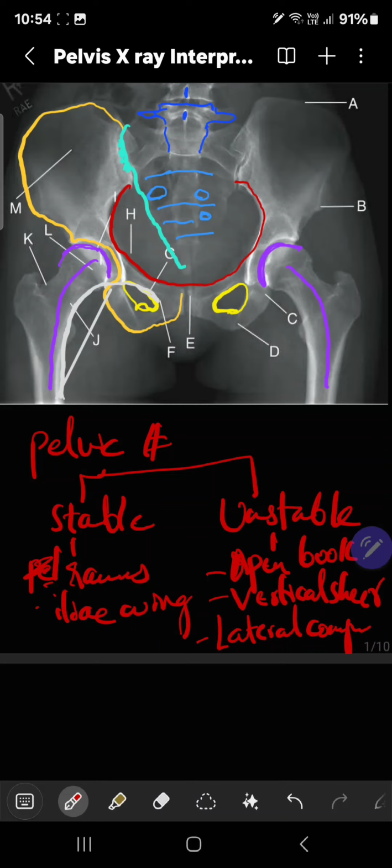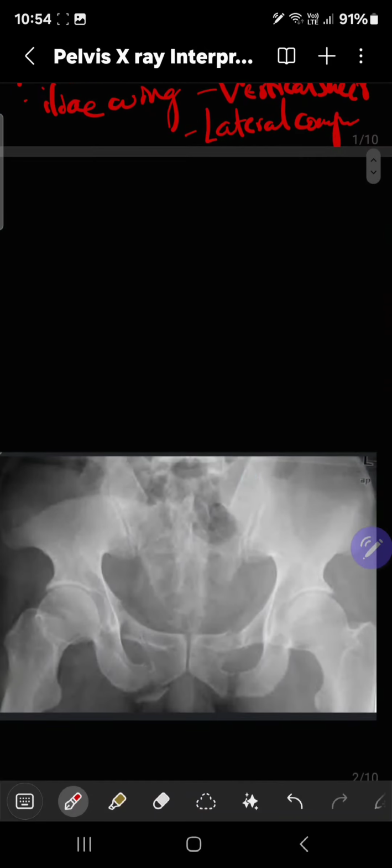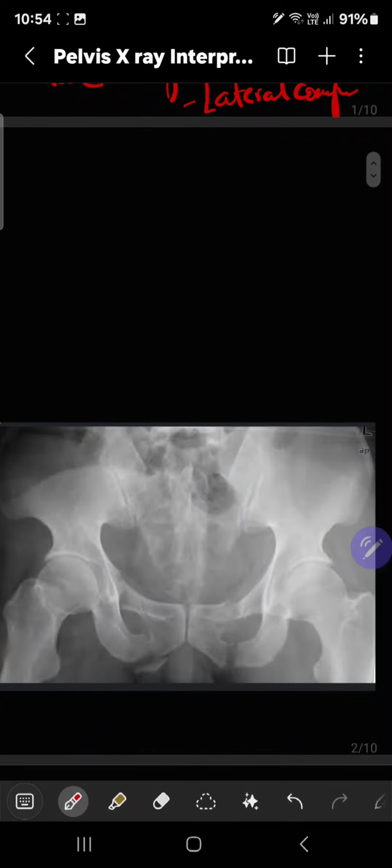Now let's move on to stable pelvic fractures. This is the pelvic X-ray, and this is a stable fracture. As you can see, there is a fracture here and here, a superior and inferior ramus fracture.